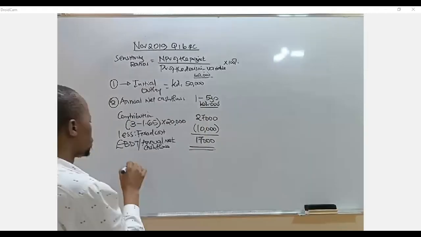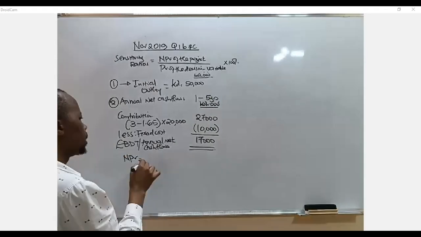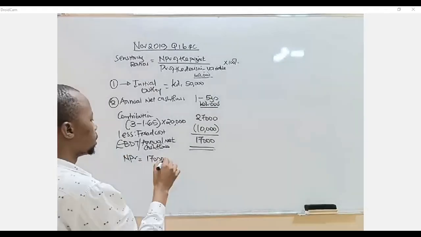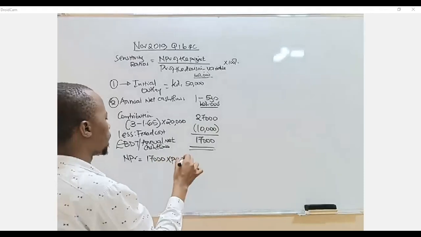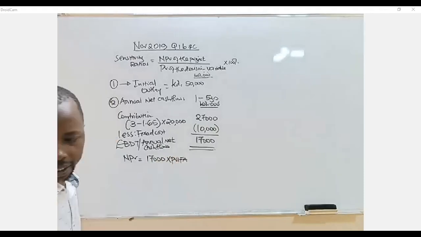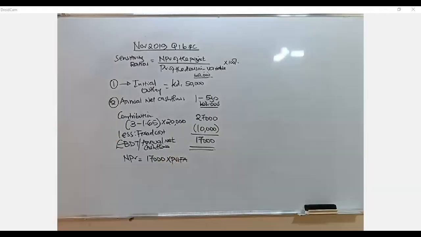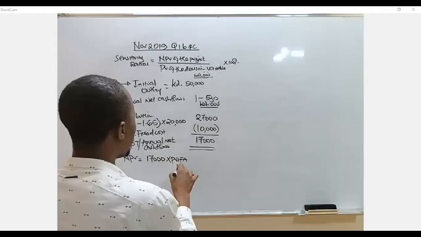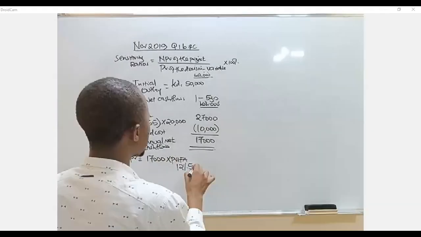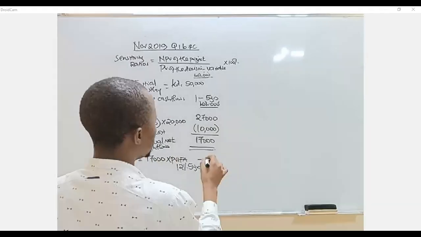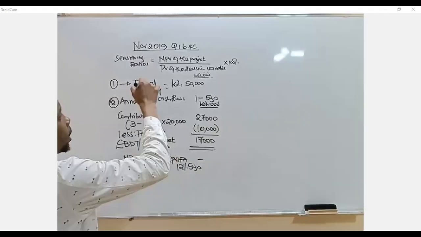To get our NPV, let's take our 17,000. This is an annuity, so we multiply by the present value interest factor annuity. What is the rate? We are being given the rate is 12%, for 5 years. Minus our initial outlay, which is 50,000.